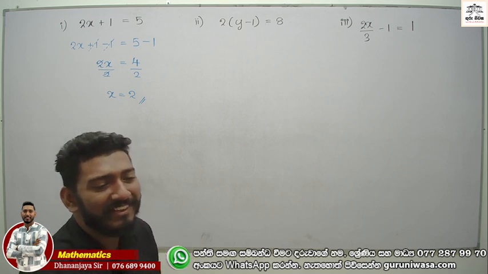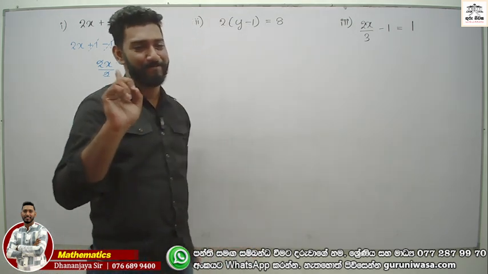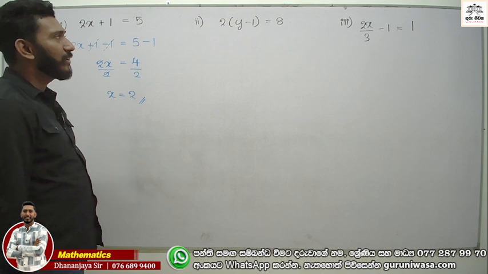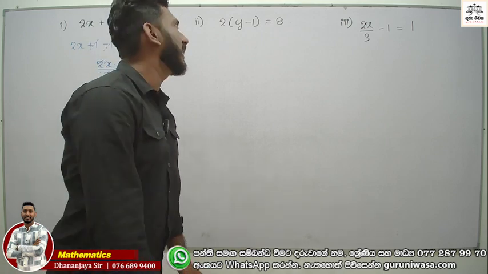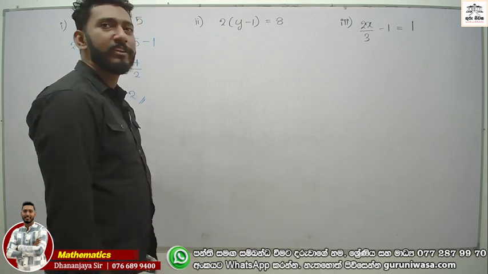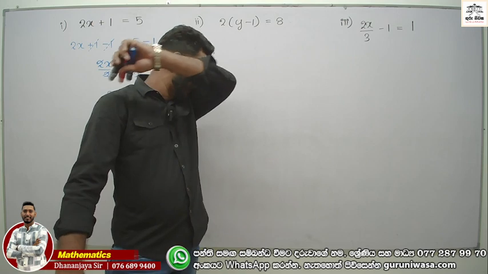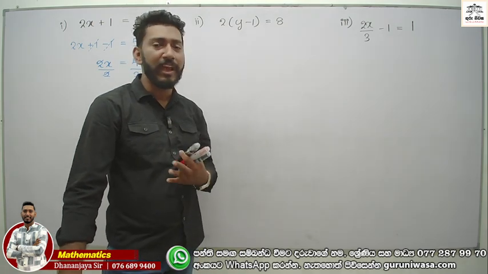Now I'm going to discuss. Listen. Actually, for the second one, we have to follow two methods. Remember I gave you two methods. The first method is expanding brackets, and the second one, without expanding, you can find the answer.